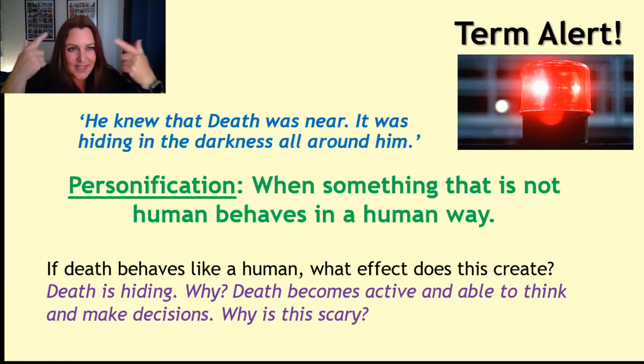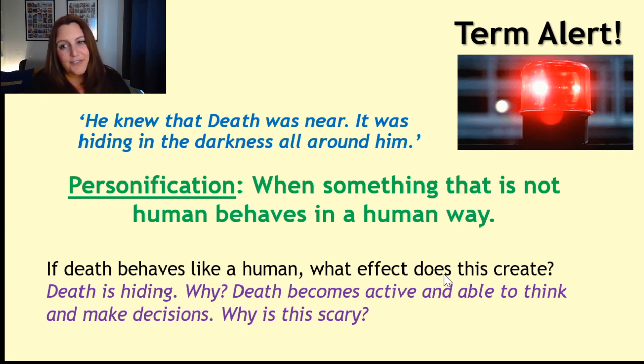Okay, this is the image, the picture we have in our head. Now, if death behaves like a human, what effect does this create? Why does the writer do this? Why is this a good thing for a writer to do?